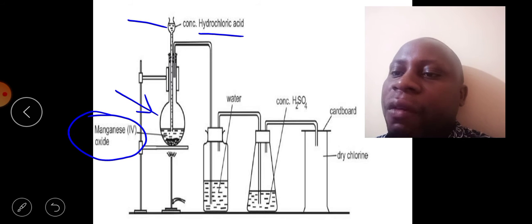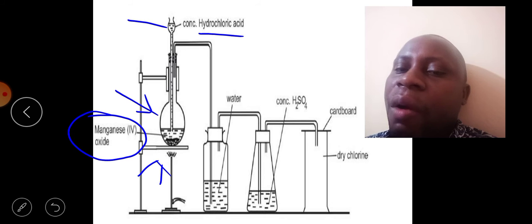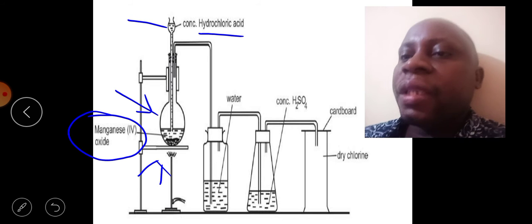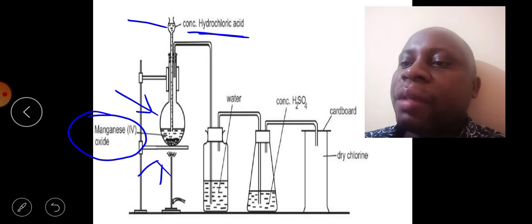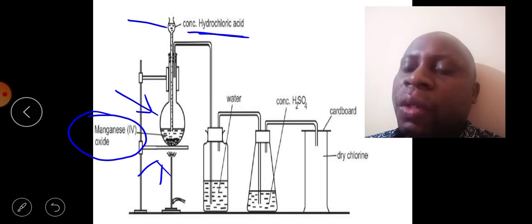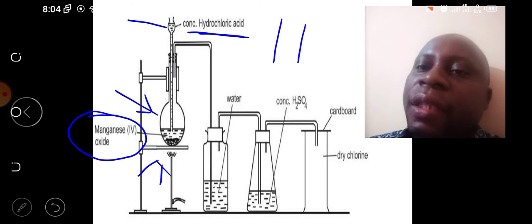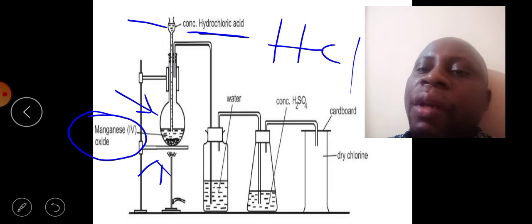When manganese(IV) oxide is used, heating is necessary down here. So you must heat. However, if you're using other oxidizing agents like potassium permanganate or lead(IV) oxide, heating is not necessary. So what happens when concentrated hydrochloric acid comes into contact with manganese(IV) oxide? The concentrated hydrochloric acid, HCl, will be oxidized.